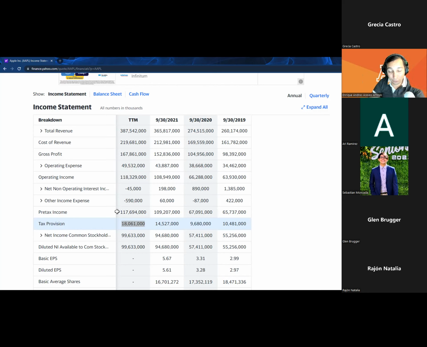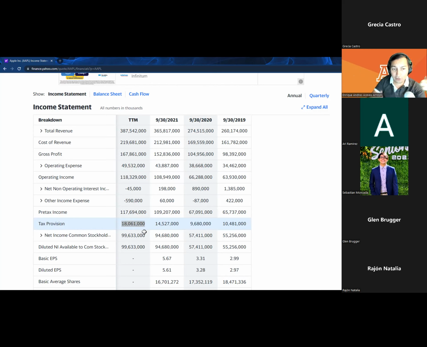So we have to know what they are actually paying, because you need to figure that out for the tax strategy. How can we know? The way I'm doing it is you have the earnings before taxes and the tax expense as a projection for Apple.